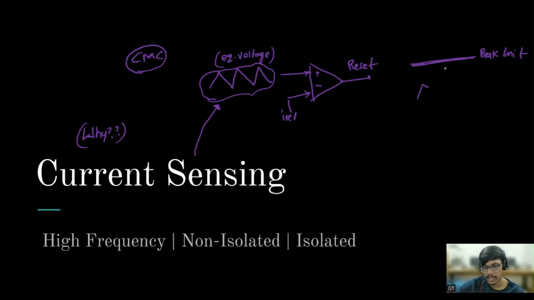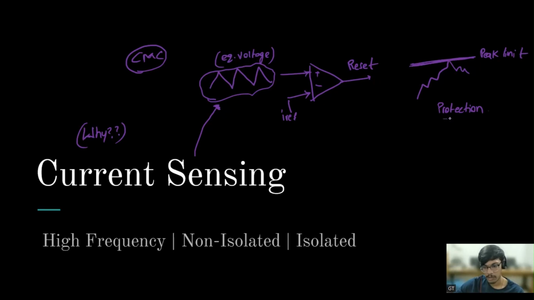Whenever it is increasing, I can put a limitation so that after that I can turn it off. So for protection purpose also, we need inductor current information. Say if the current has crossed its maximum limit, I want to shut down the circuit because I don't want the components to be damaged. Whenever it touches the limit, I'll shut down the complete system to protect the components by not allowing higher current.